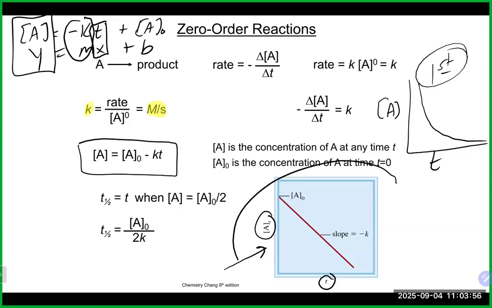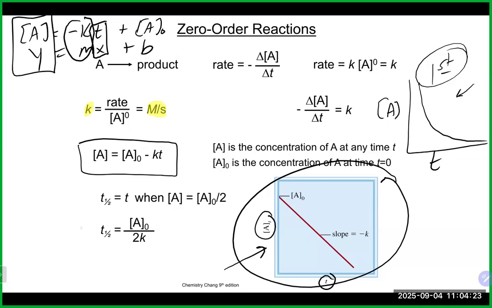If you get a linear relationship like this, it is definitely zero order. A lot of times people will not use this for the first order graph, but it can still pop up. So if you see that and it looks like the zero order graph but it's not linear, it may be a first order graph you're looking at. If it is linear, it is a zero order graph.